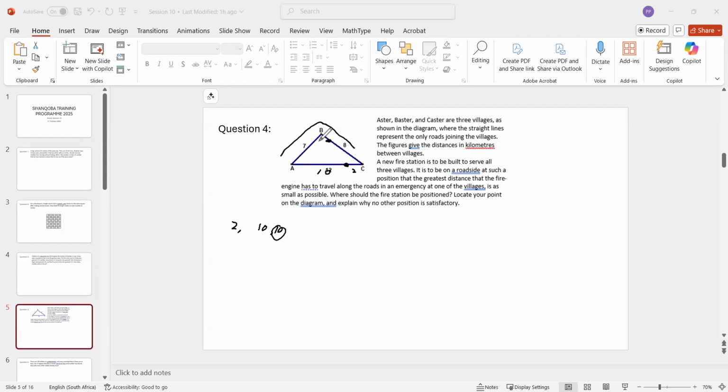So you've got 7.5 this way, and from here to here you've got another 7.5. There's 8 minus a half. So in this case, you've got 7.5, 7.5, and the distance to C is 7.5, but the distance to B is a half.